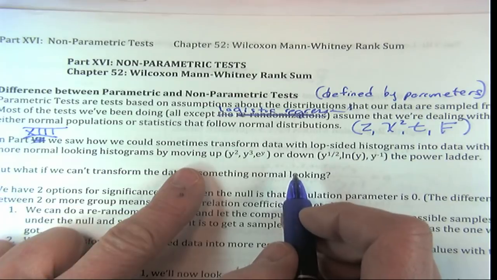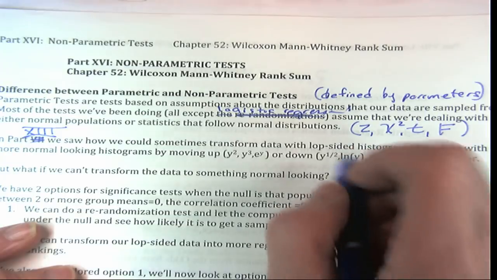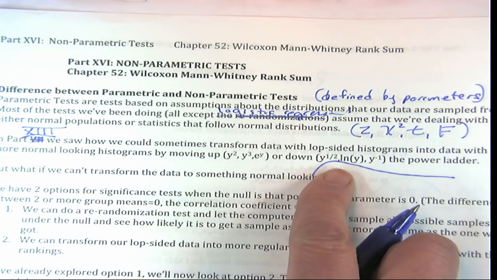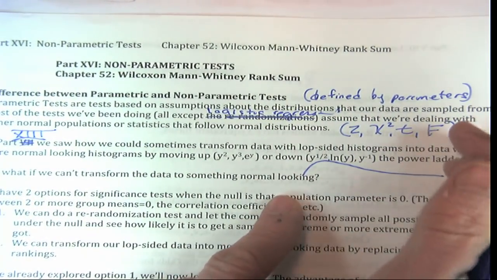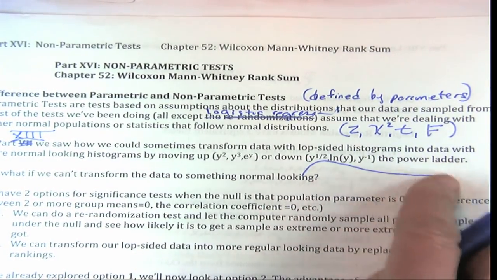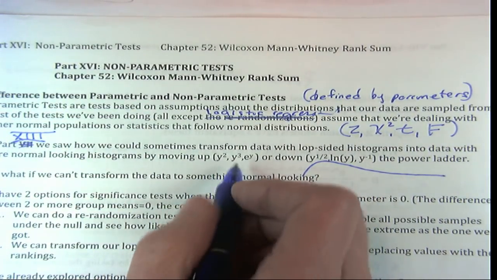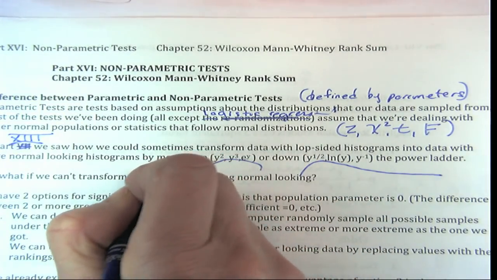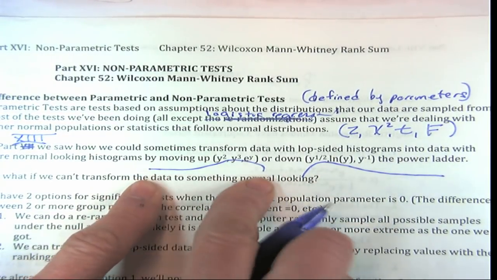If we had distributions with this long right-hand tail, we went down the power ladder, like we tried to squeeze this part in to make it more normal by using logs and exponents. Or if we had data that was left skewed, then we went up the power ladder, and we didn't do that as much.